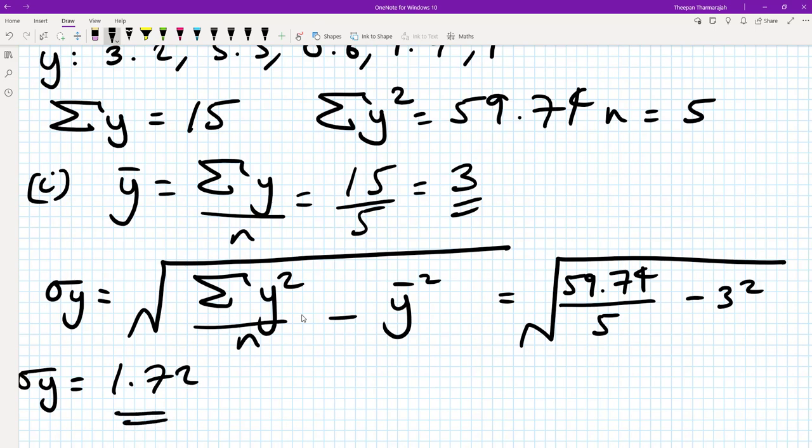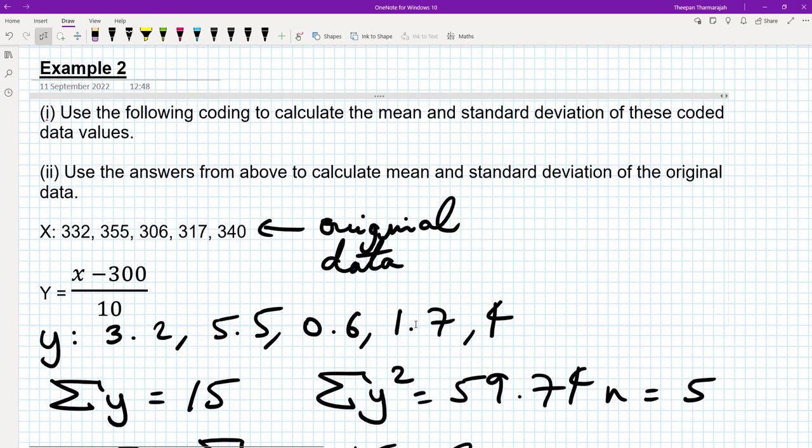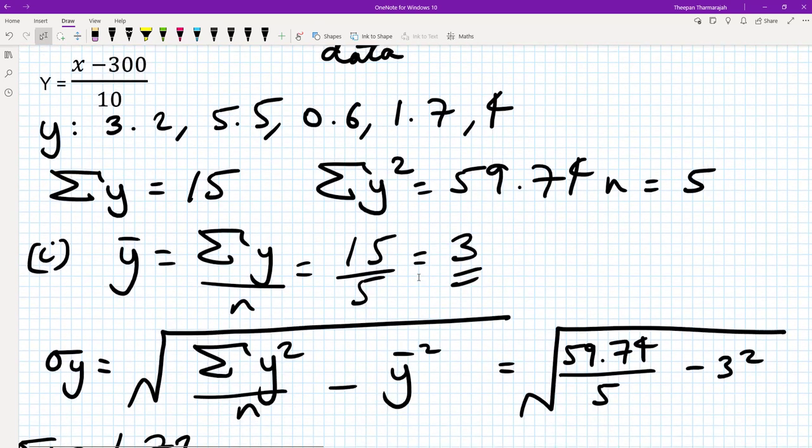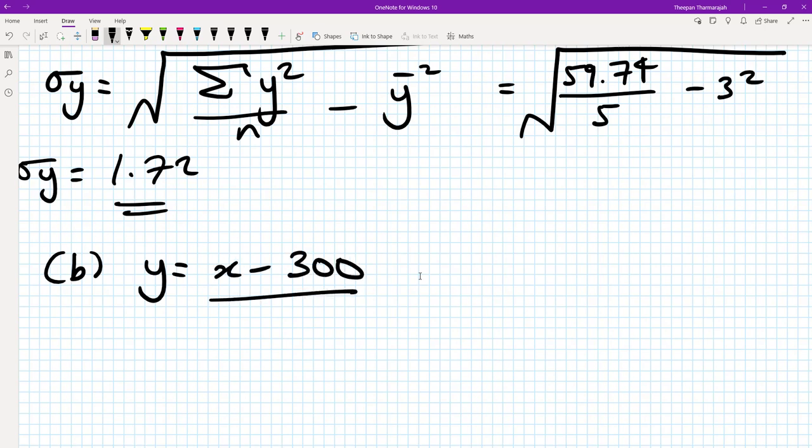So now, in the next part of the question, it states to work out the mean and standard deviation of the original data. So what we're going to do, we can use the formula which we've got, which is y equals x minus 300 over 10. So we could change y to y bar.